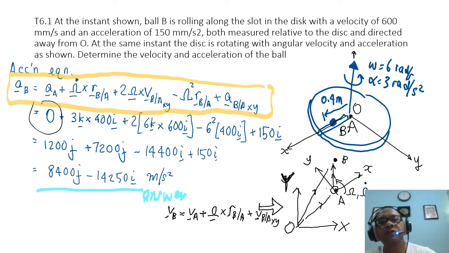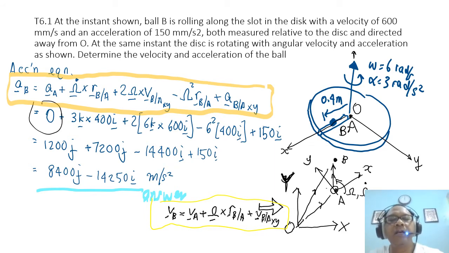So when you look at this formula, the issue is how you are going to apply it. Remember, VB is the actual or absolute velocity of B. VA is the speed of the origin.